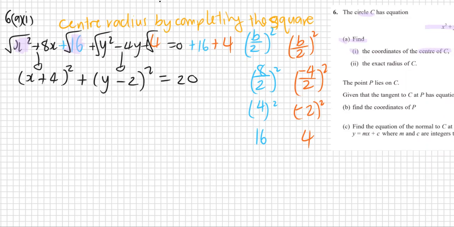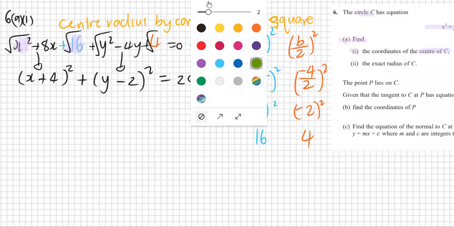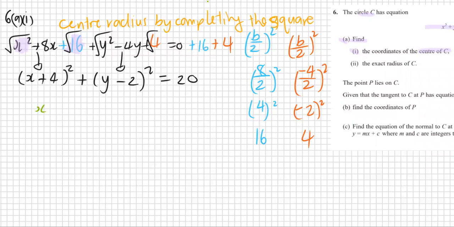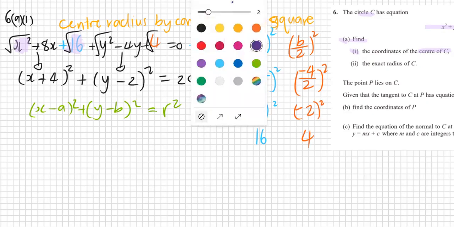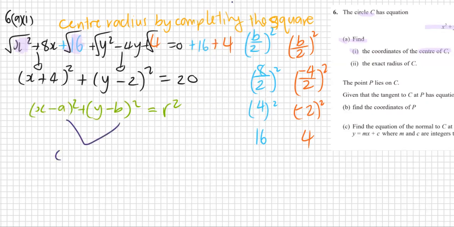Once you're in center-radius form, as the name suggests, it's center radius. So x minus a squared plus y minus b squared equals r squared. That's our center-radius form. From this form, we know that our a and b is the center of the circle with opposite signs.